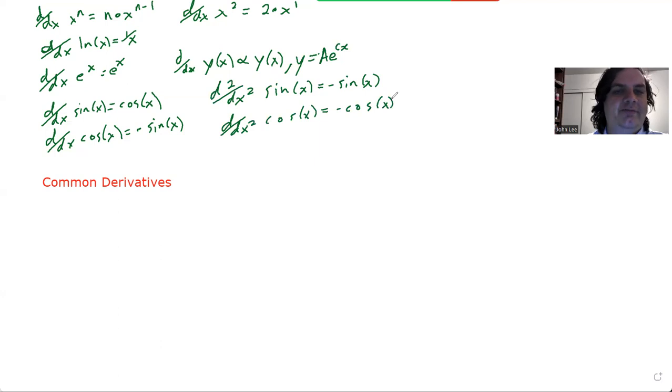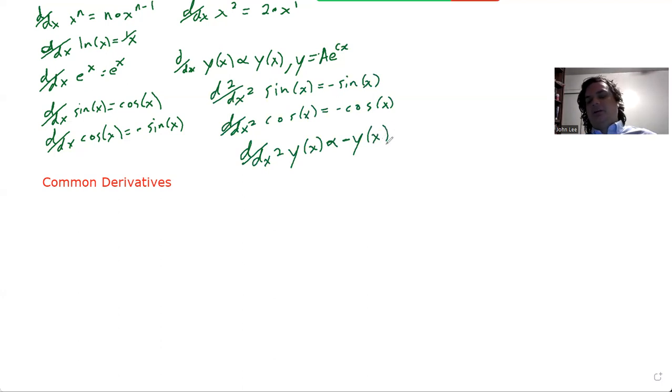So where you have a differential equation where the second derivative of some function is proportional to the negative value of that initial function, then you know that y of x is equal to something times sine or cosine of some constant times x.